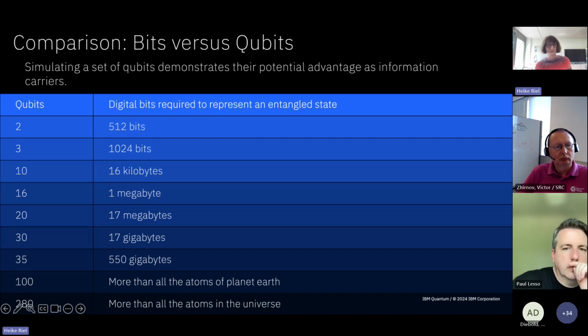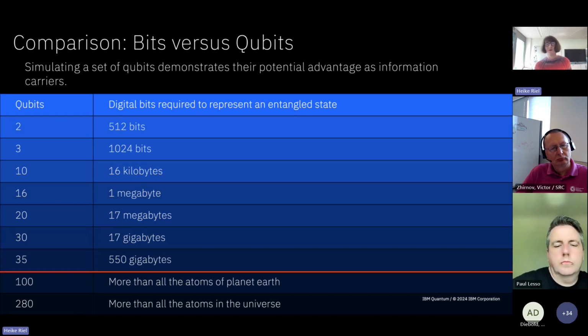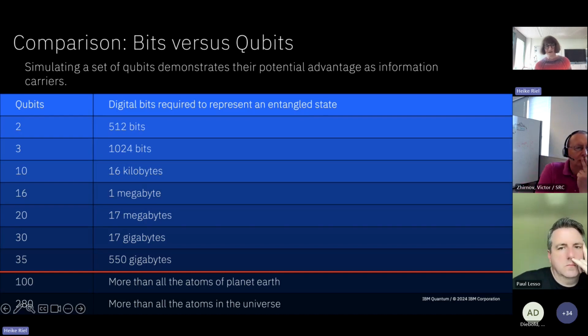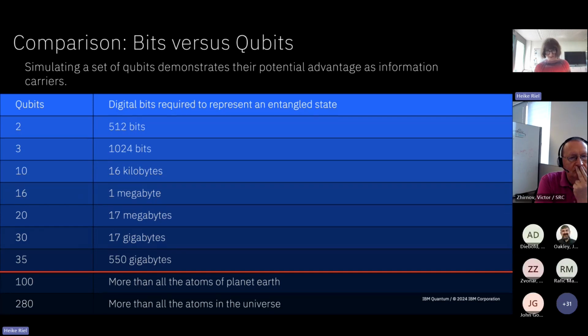And you see very quickly that due to this exponential scaling, you come into a regime where you can no longer simulate quantum bits by a classical computer, because it just scales exponentially, and you cannot store the information anymore on the physical memory which you have in a feasible computer.